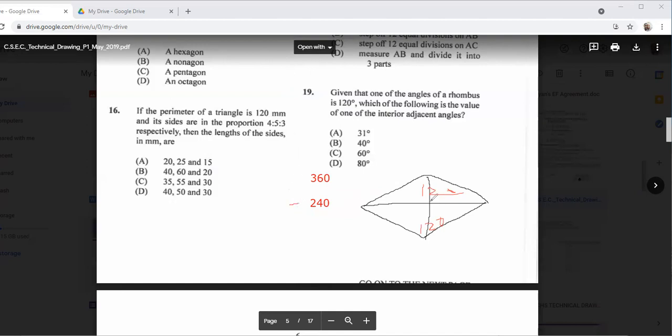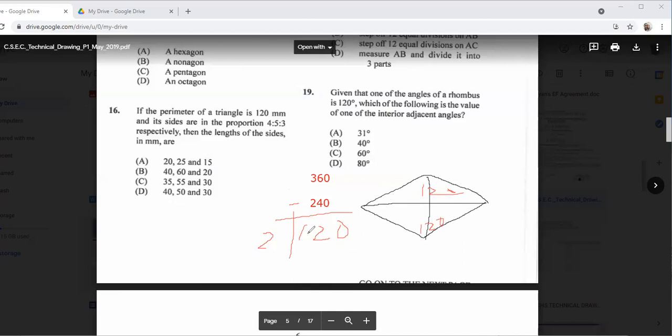So 120 plus 120 gives us 240, and all four angles must add up to 360 degrees because this is a four-sided figure. So we are left with 120. Now, this 120 must be shared between these two angles. We divide it by 2 because the angle here is equal to the angle on this side.